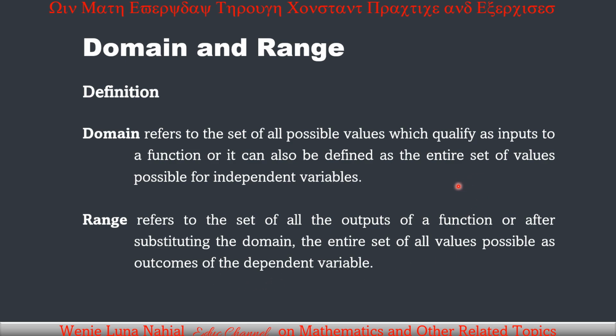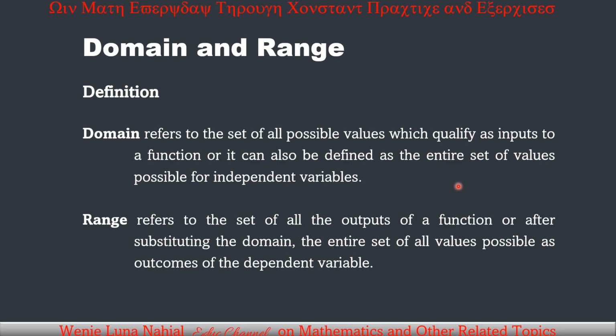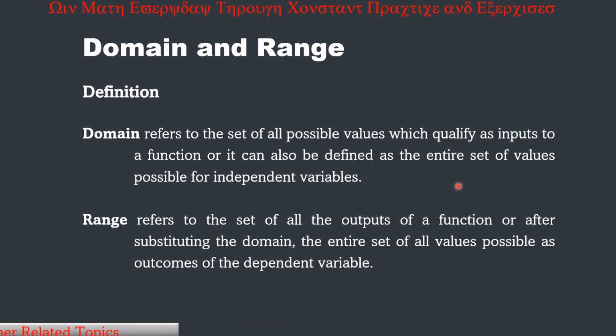So we have to understand that when we say domain, we are referring to numbers that can be possibly used in place of x in a given function. What we are referring to is the idea that if you are going to replace that variable x in the function by a real number, it gives back a result that is still in the set of real numbers. Okay, so that's the idea of domain, that set of numbers that we're going to use in place of x in a function.